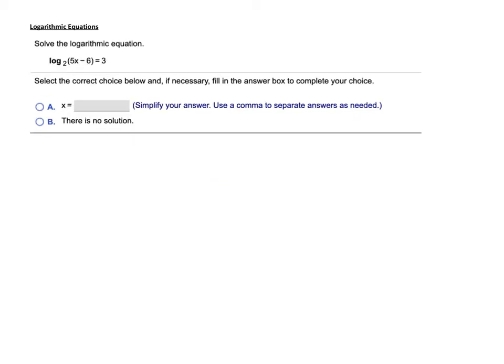Okay, here we are at the logarithmic equations. If you notice, we have log base 2 of 5x minus 6 equals 3. To solve logs, we've actually done some like this before. We have to get rid of the log, and since we have log base 2 equals 3, we just need to convert it to exponential form.